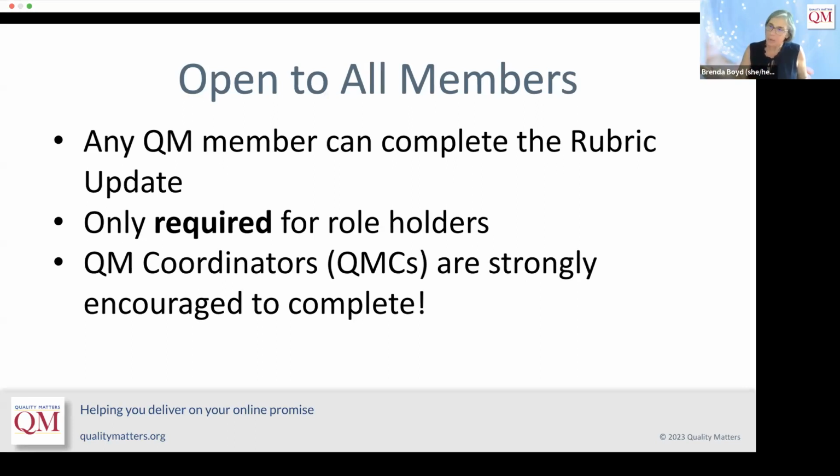Any member of a Quality Matters organization can complete the rubric update, but it's only required if you are a role holder. That is anyone who's a peer reviewer, master reviewer, or facilitator. We really want QM coordinators to take it too. It's very helpful for everyone.